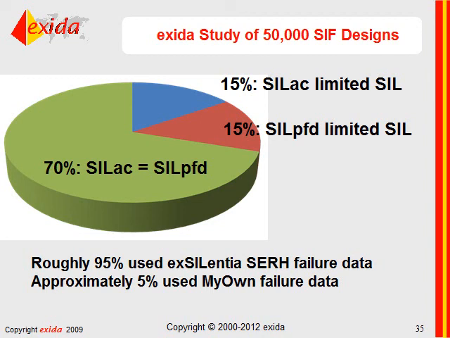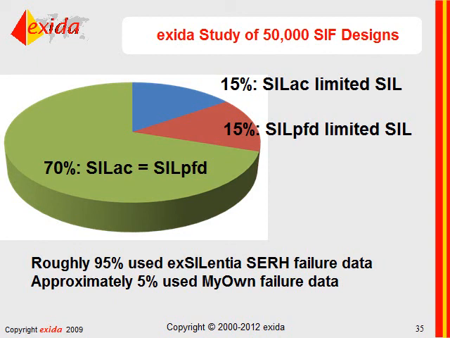And in 15%, the PFD limited the SIL more than the architecture constraints, again indicating that up to 85% of the time we didn't even need to be looking at architecture constraints, which are minimum levels of redundancy. However, 15% of the time, the architecture constraints limited the SIL level, which indicates maybe we better keep the architecture constraints.